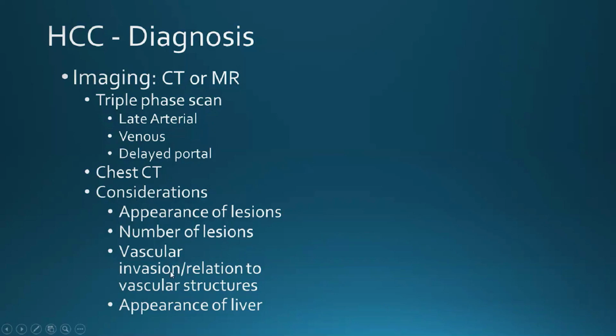Vascular invasion by the lesion, and its direct relationship to the vascular structures. If the tumor has invaded any of the blood vessels in the liver, that makes it a very major risk factor for the tumor, and a very high rate of risk for recurrence. And also the appearance of the liver, whether the liver looks cirrhotic or not. So these are all the parameters that we look at in a good CT or MRI.